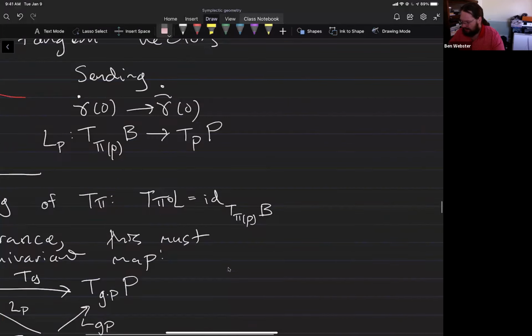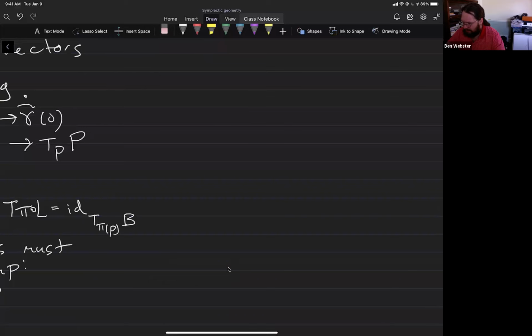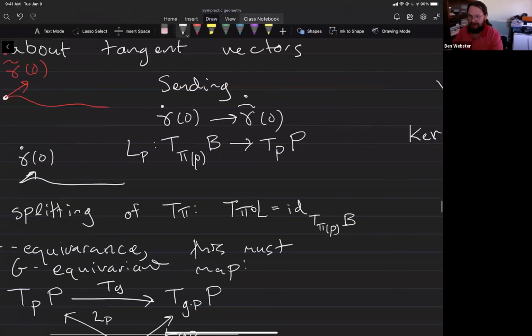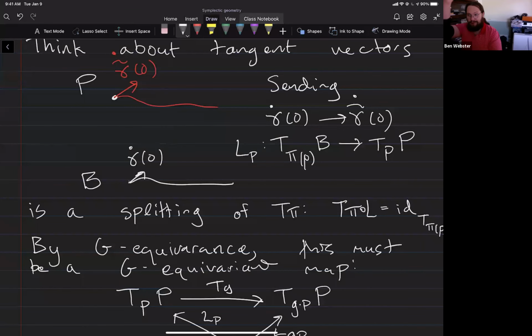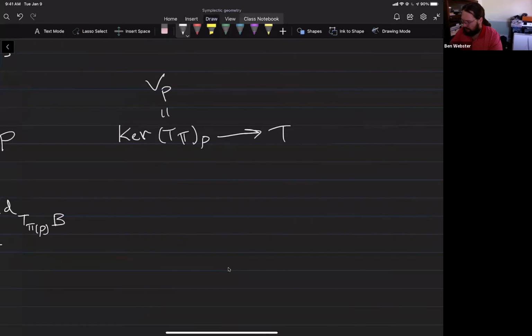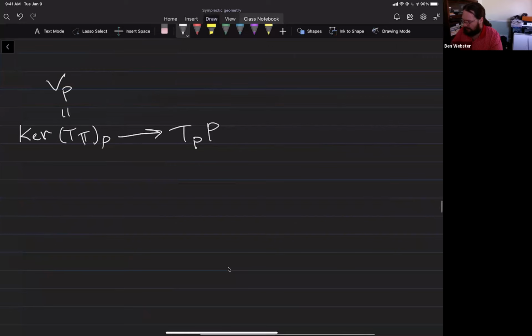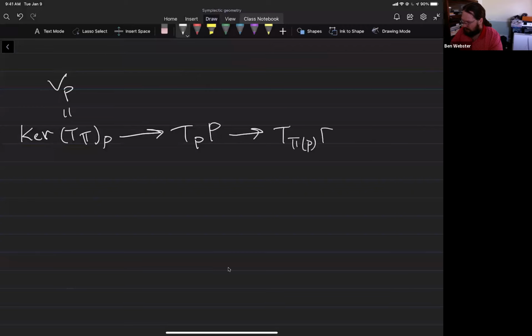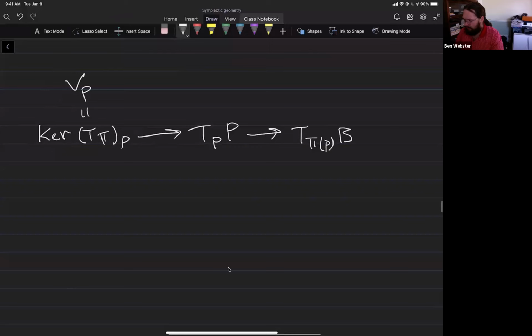What's happening here is I have a short exact sequence given by, here's the kernel of the derivative of the projection. This is often called the vertical space, because we imagine this picture here with the fiber being vertical and we're projecting downward. That maps into the tangent space of the principal bundle, and then that maps to the tangent space of B. All right, and I'm splitting the short exact sequence.